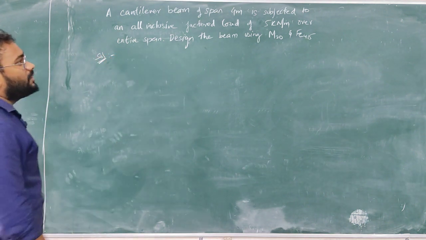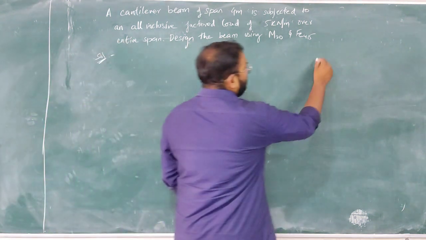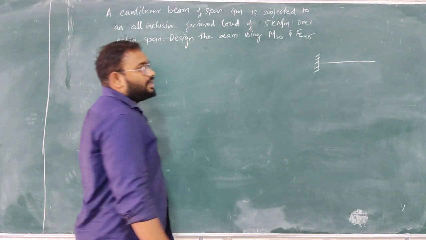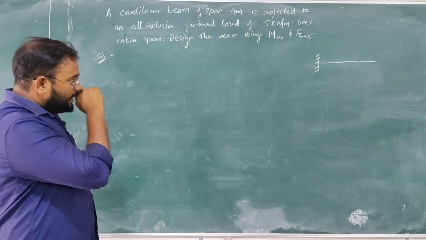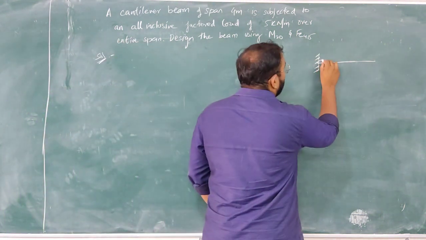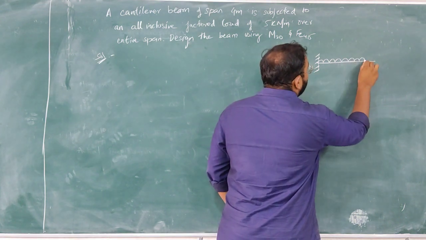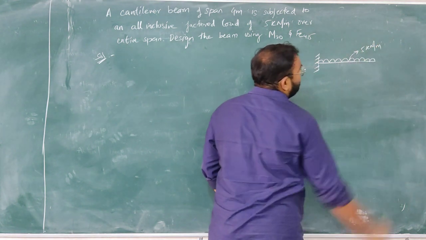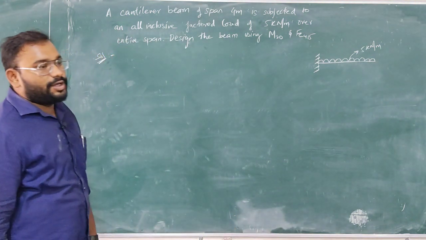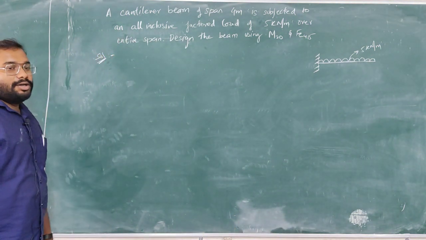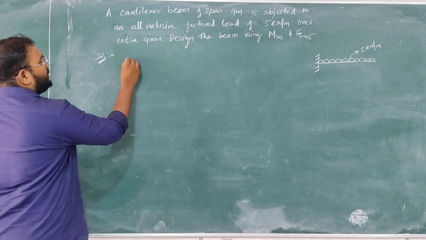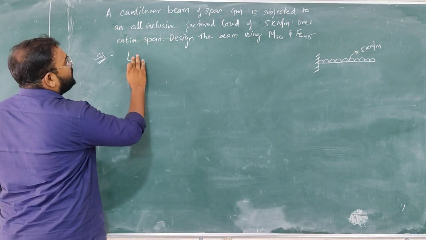Now you have a cantilever beam again. For a cantilever beam, this will be the condition: one end fixed, another end free, and it is subjected to an all-inclusive load of 5 kilonewton per meter. Now you will write what is span given.